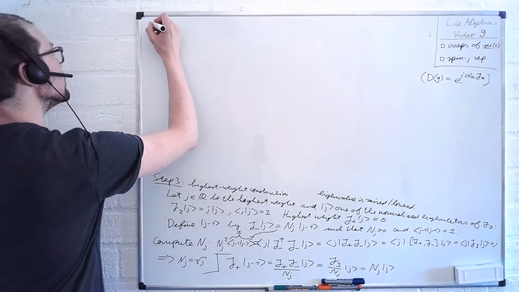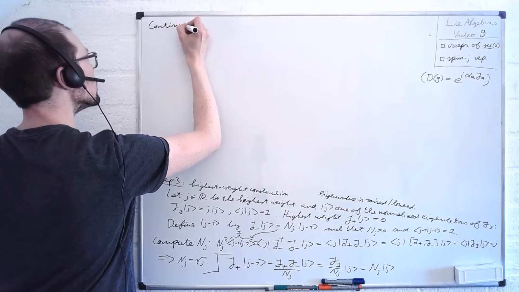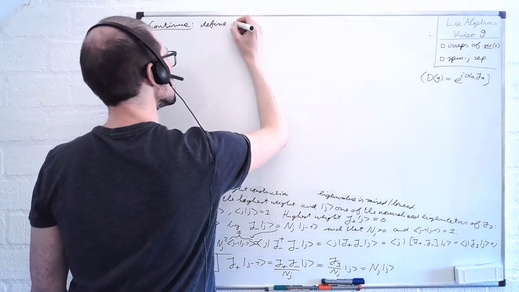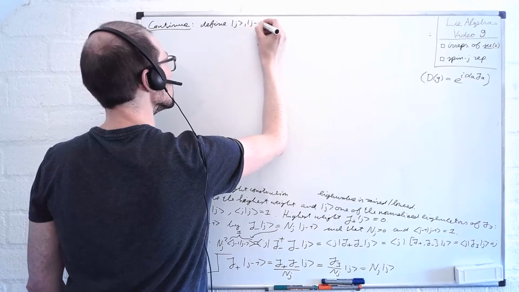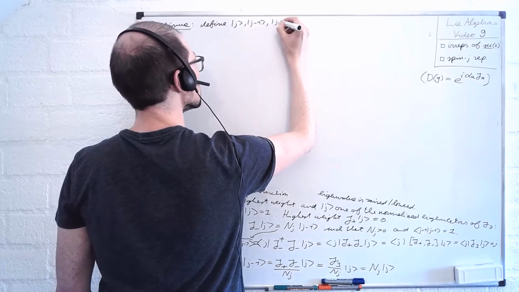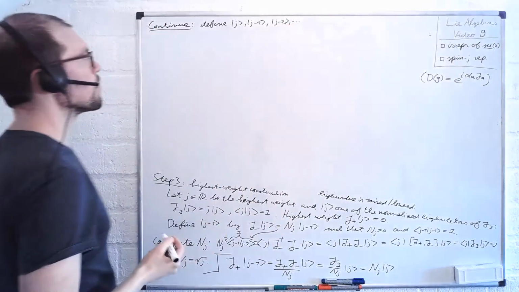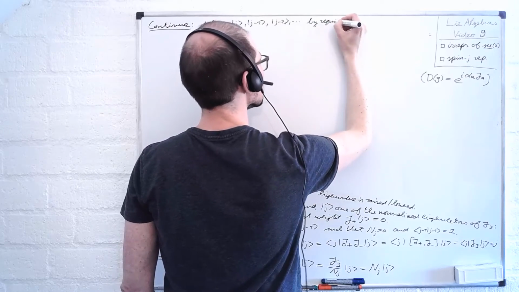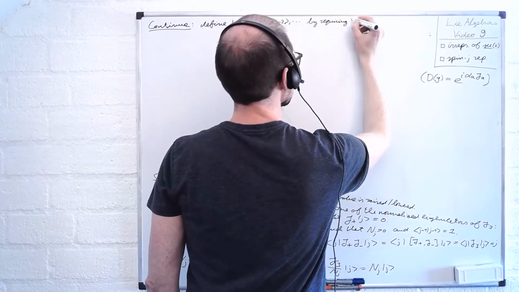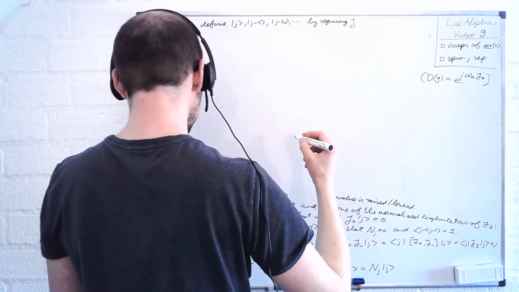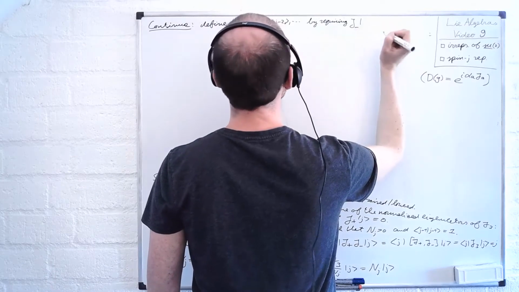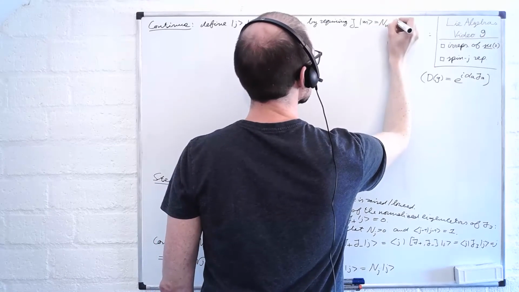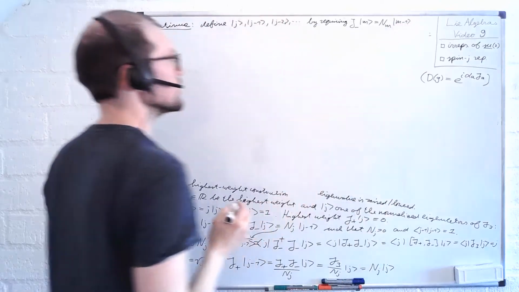Okay, so we continue to define vectors or states of lower and lower eigenvalues by requiring that if I act with J minus on, say, some vector m, that I get an eigenvector.